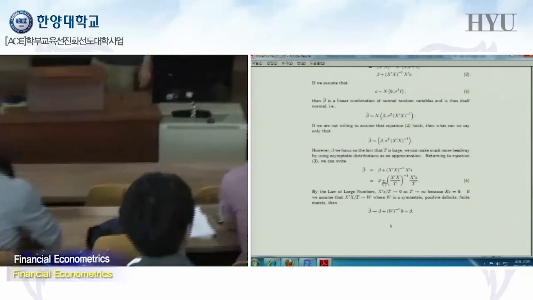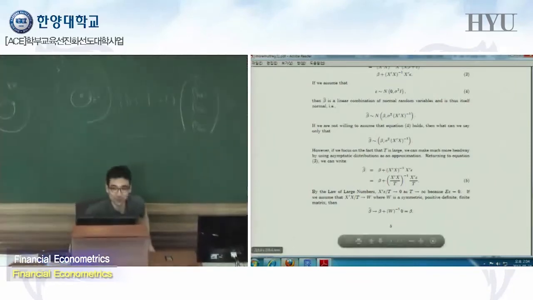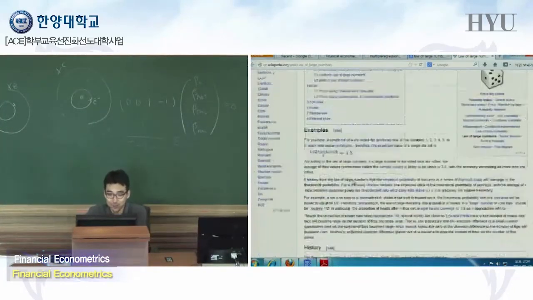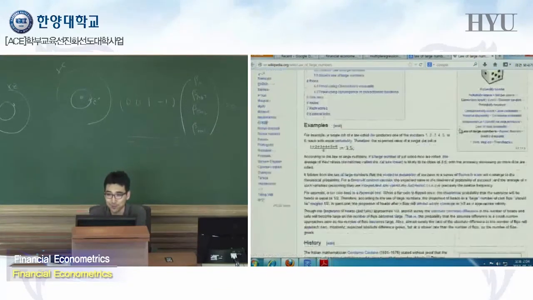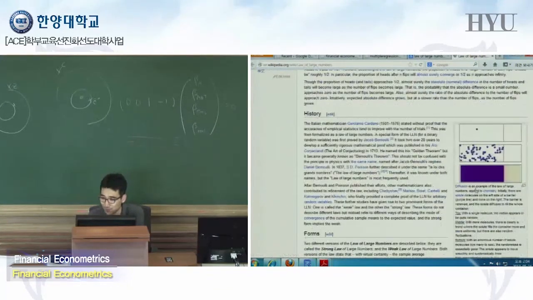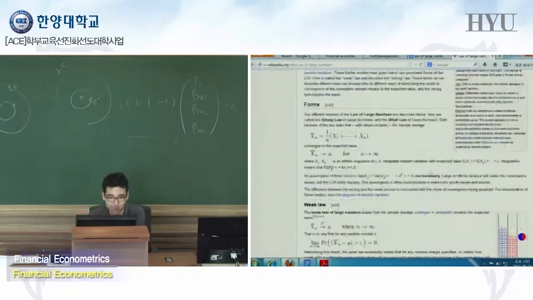And then let's take a look at the law of large numbers more. So, history. The form is that instead of x in our equation, it is epsilon. So this is just the average, right?